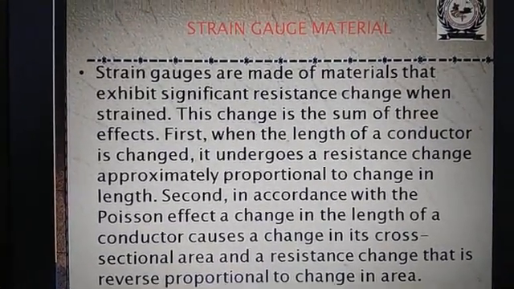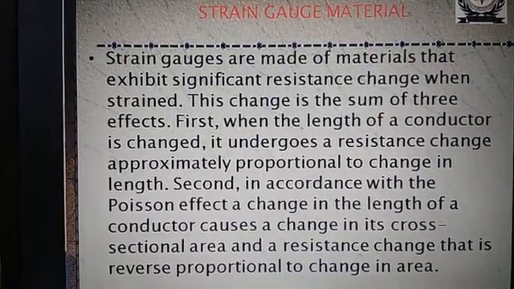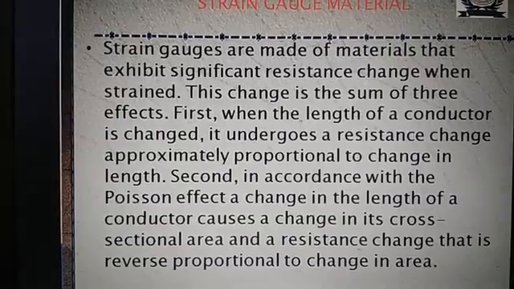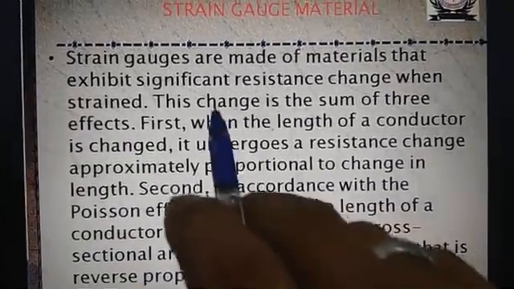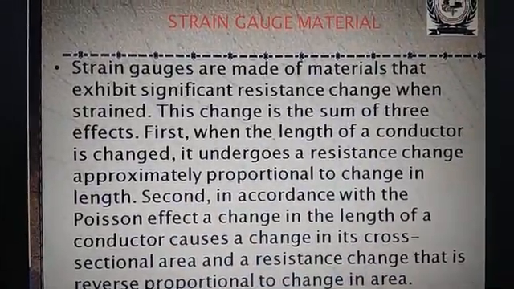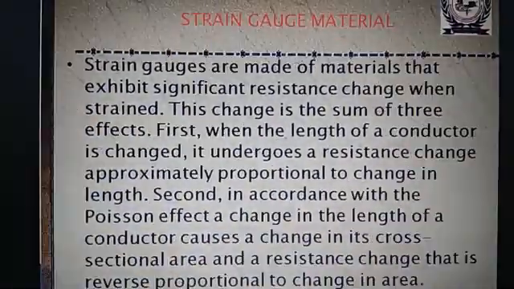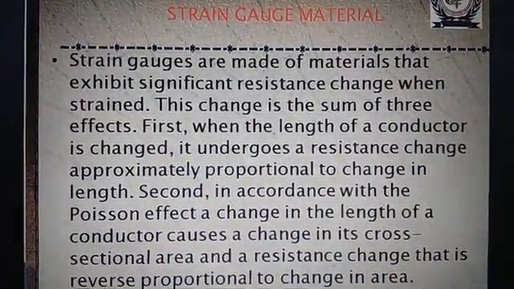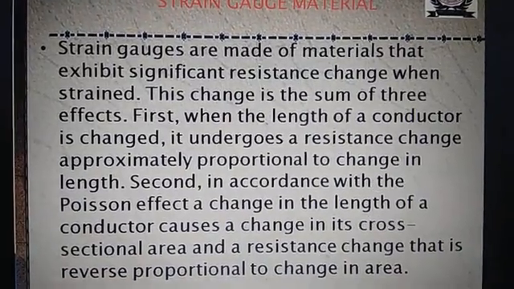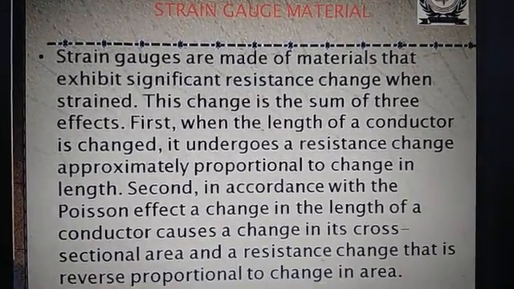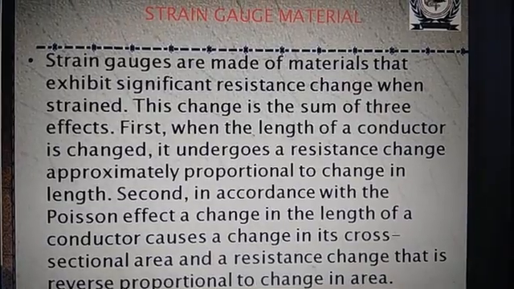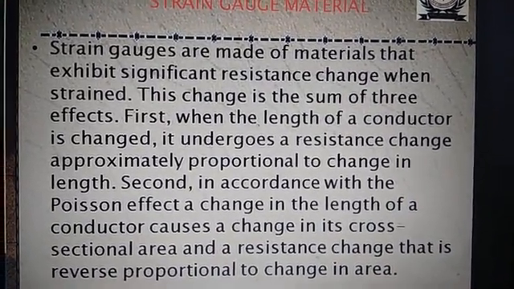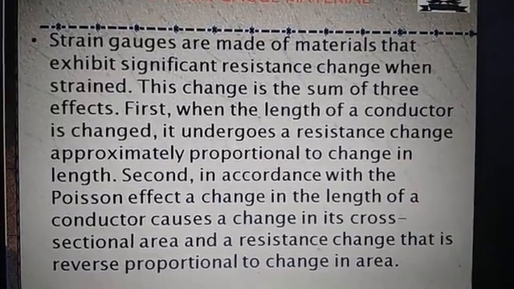Strain gauge material. Strain gauges are made of materials that exhibit significant resistance change when strained. This change is the sum of three effects. First, when the length of the conductor is changed, it undergoes a resistance change approximately proportional to the change in length.